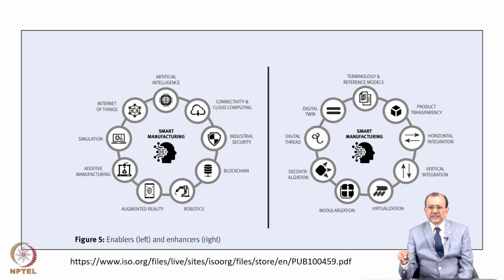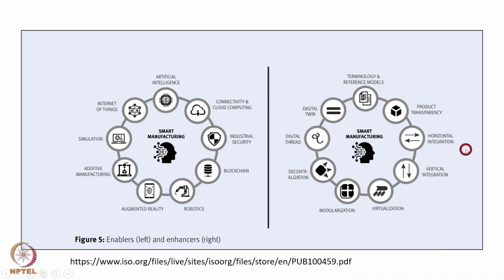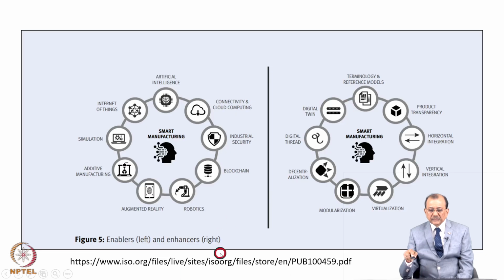Digital twin is one of the enhancers, which we discussed in the 4th week of this course. Horizontal integration and vertical integration help to achieve that autonomous status of the factory. Modularization is also a very important aspect. So these are the enhancers we call them.